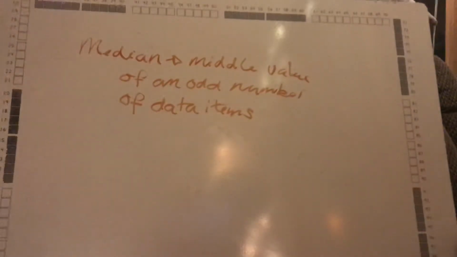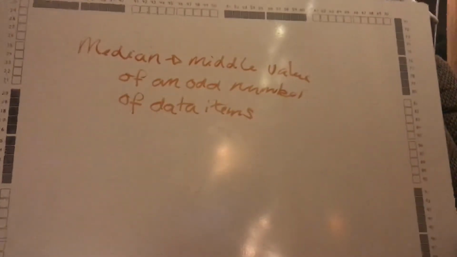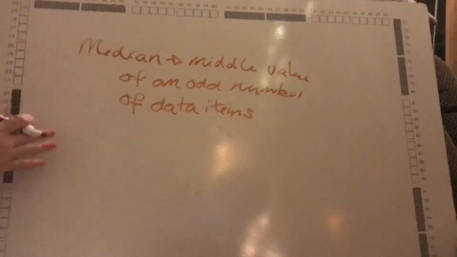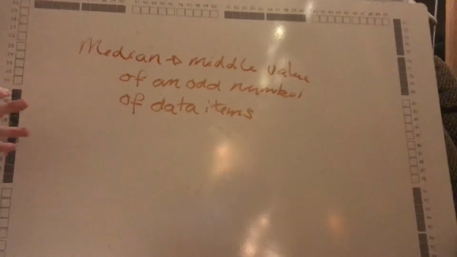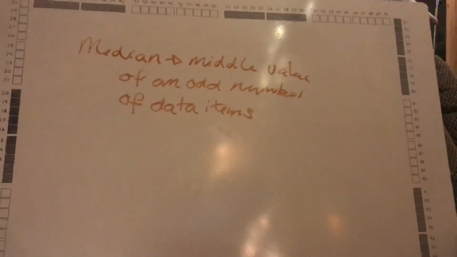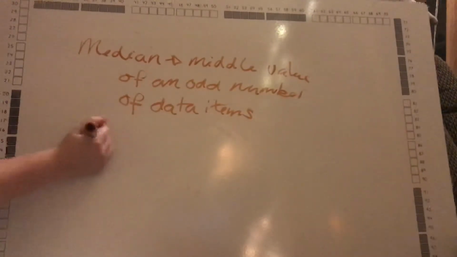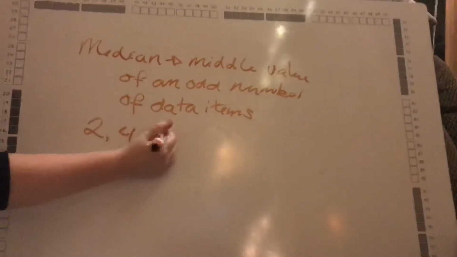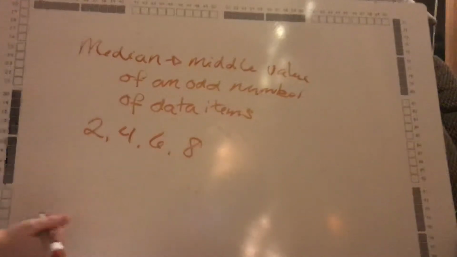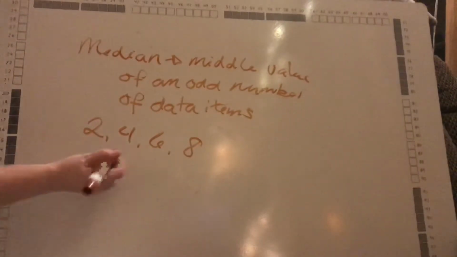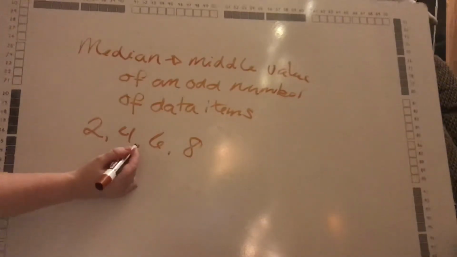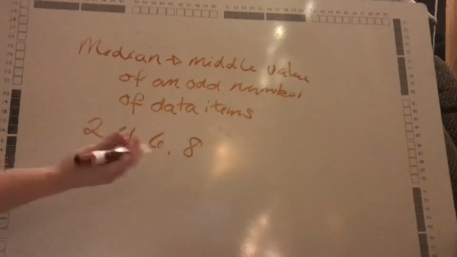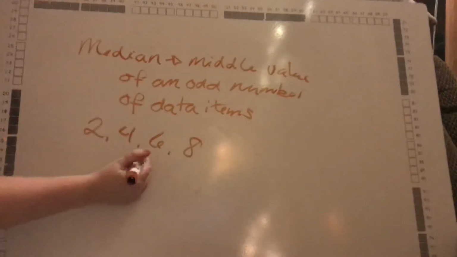So, if you have an even set of numbers, then the median is the average of the two middle values. So if we go back to those numbers we had before, where we had 2, 4, 6, 8, we would take the mean of these two numbers, so 4 plus 6 is 10, divided by 2 is 5. Your median would be 5.